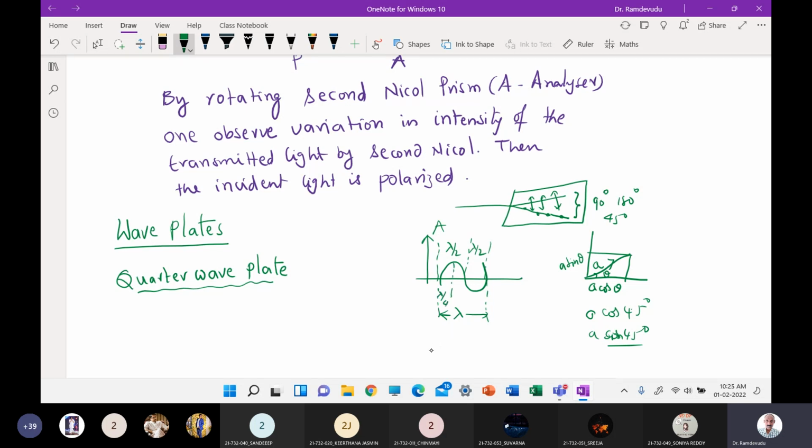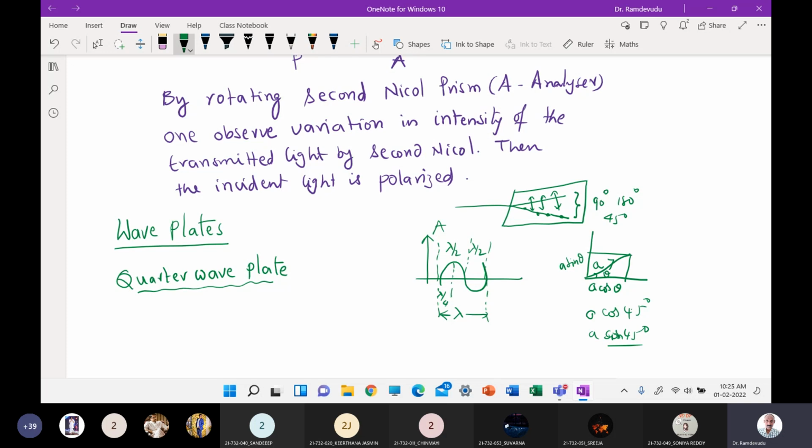Thereby a wave plate, a calcite crystal cut or a quartz crystal cut, introduces a path difference of lambda by 4 between the O ray and E ray. You have to choose the thickness, because the rays move with different velocities. In a calcite crystal, the E ray moves faster than the O ray, so it covers more distance.